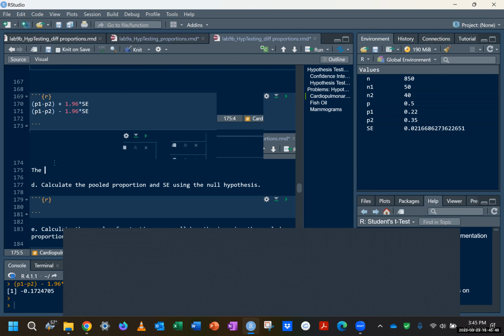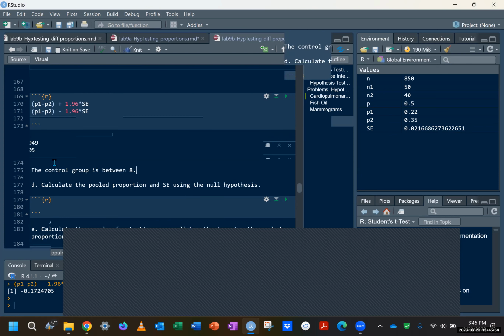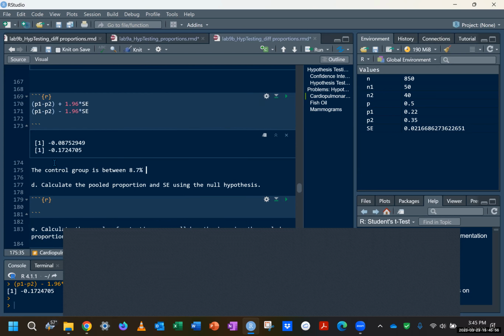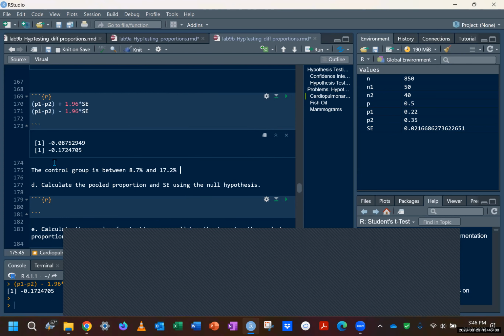This says the control group is between 8.7% and 17.2% less likely to survive. Okay, that's significant. And so based off this, that null value of 0, it's not in there.